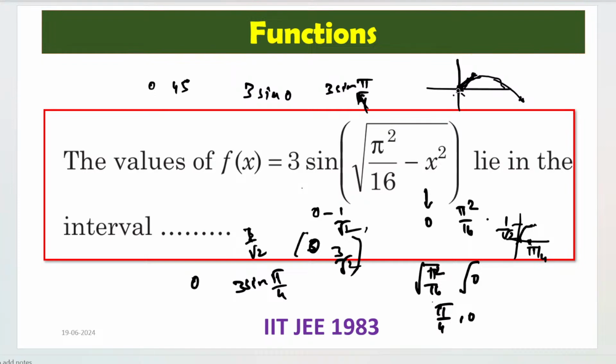Let's say if we are getting 0 and 120 degrees, then your highest point is 1, because there is 90 degrees in between. Then you will say the range is between 0 and 1, not 0 and sine 120. Understood, no?